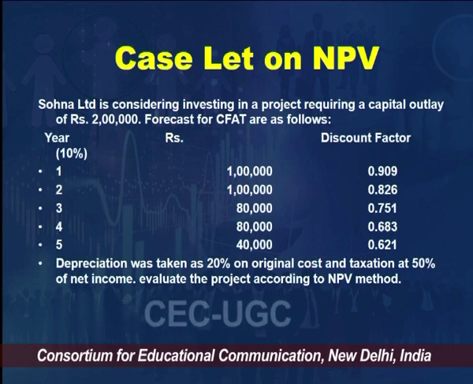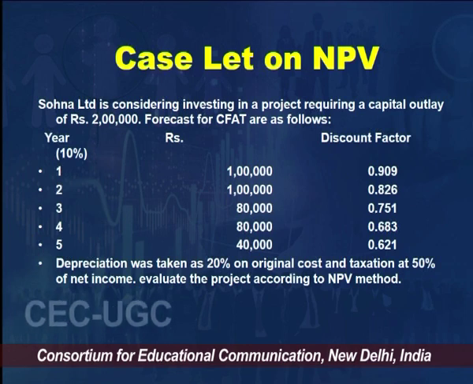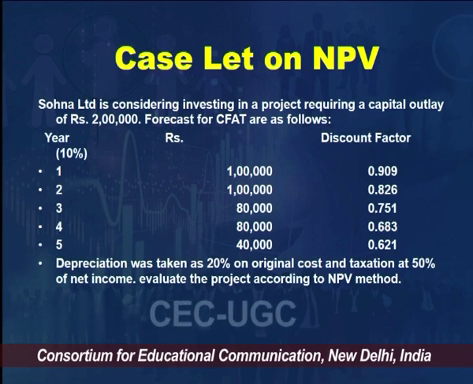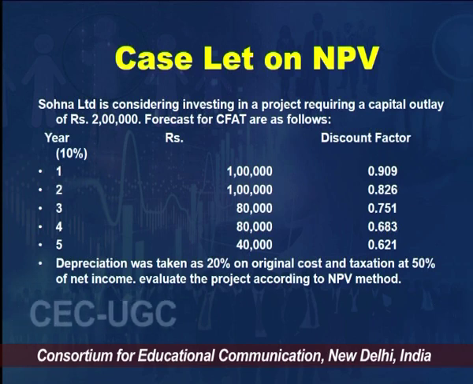So, we are required to calculate NPV with additional information that depreciation is charged at 20% on original cost of the machinery, and the taxation is 50% of the net income. So, what should be the NPV?